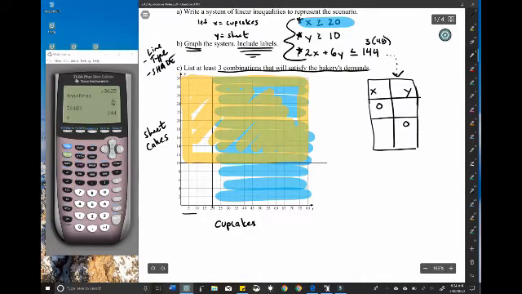Really what this means is that when we plug in 0 for x, we find what we end up with for y. 2 times 0 is 0, so we end up dividing 144 by 6, and that gives us 24. So right now we have the point (0, 24).